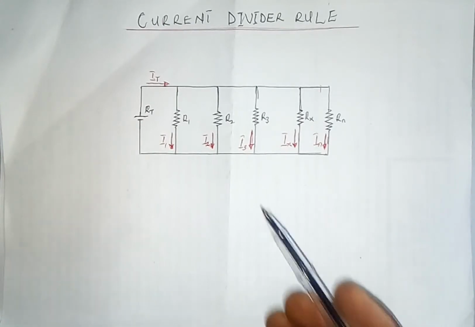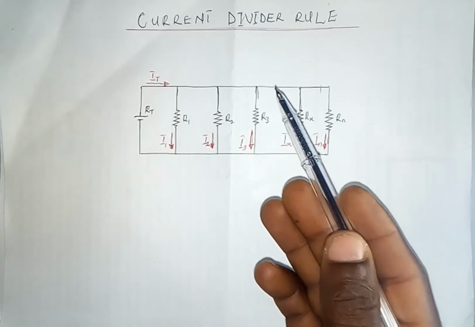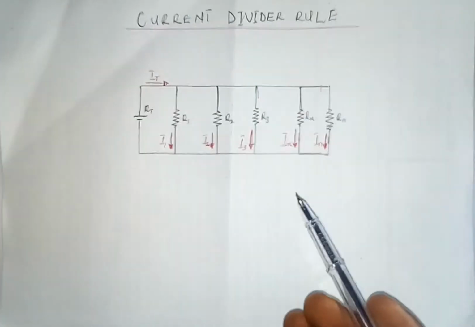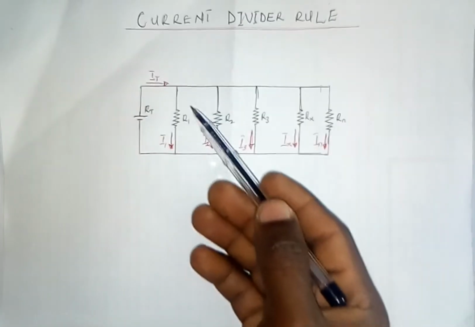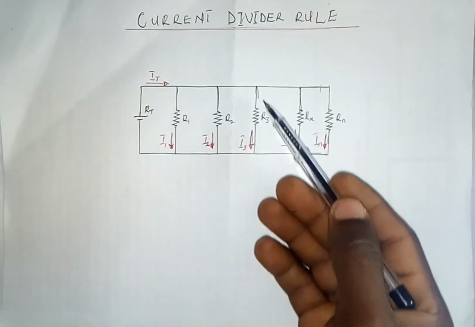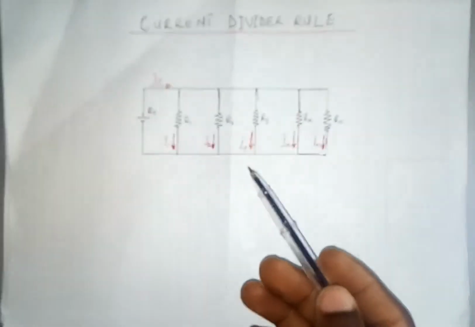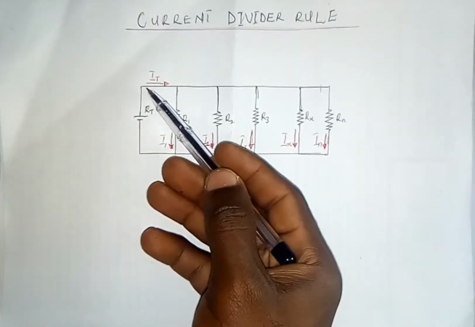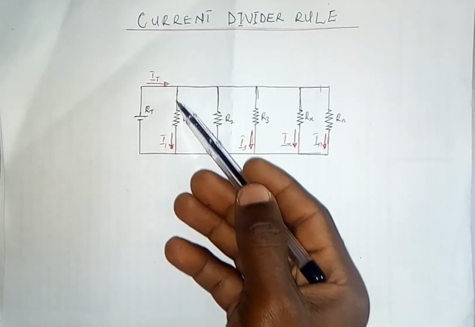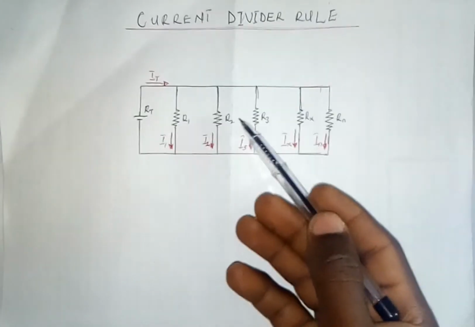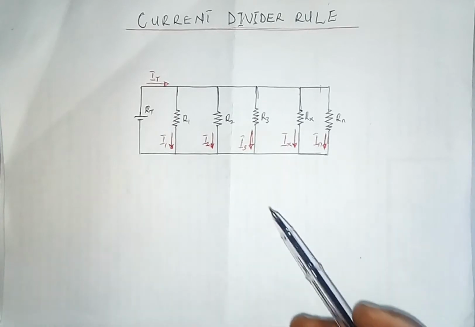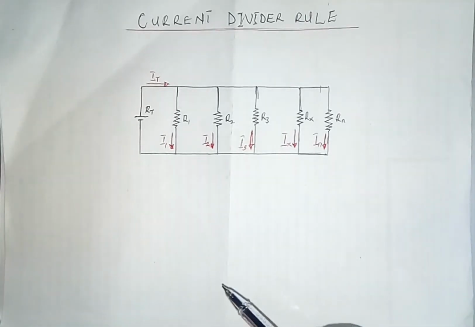The current divider rule is always used to determine the current entering the node of each of these parallel branches, of various parallel resistors. That is what the current divider rule is meant for.